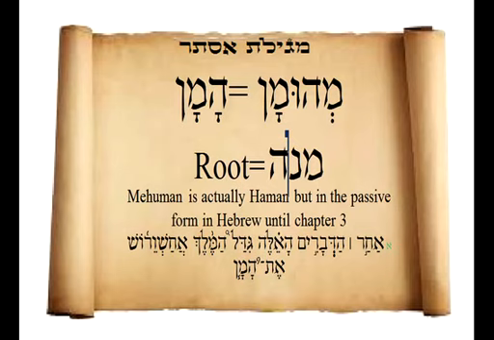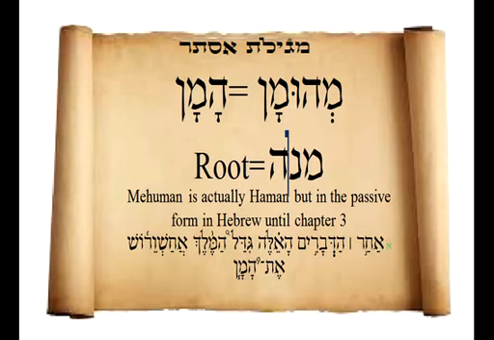Mehuman is in the passive form, but later on we're going to hear in chapter 3, "Achar hadevarim ha'eleh gidel hamelech Achashverosh et Haman." After these things passed, the king promoted Haman and changed him from the passive form into the active form.